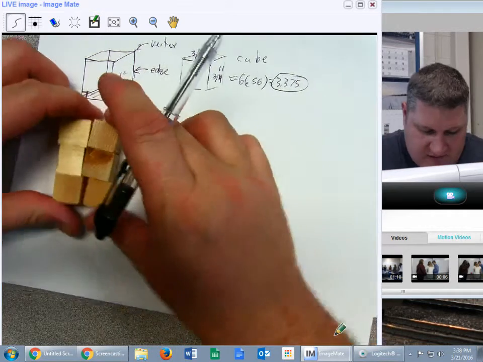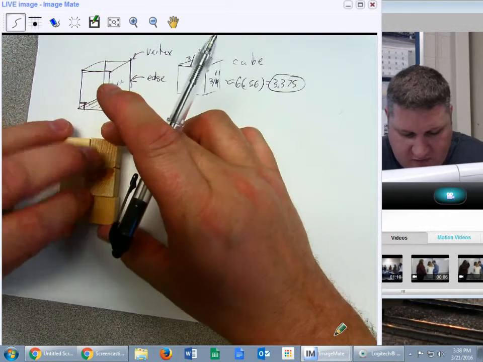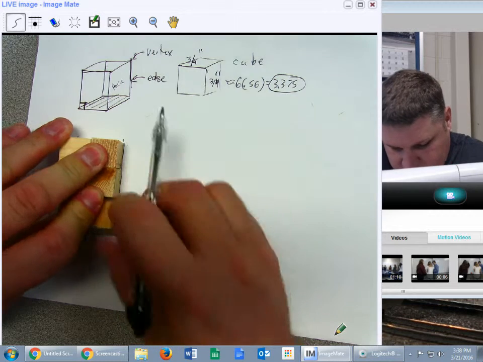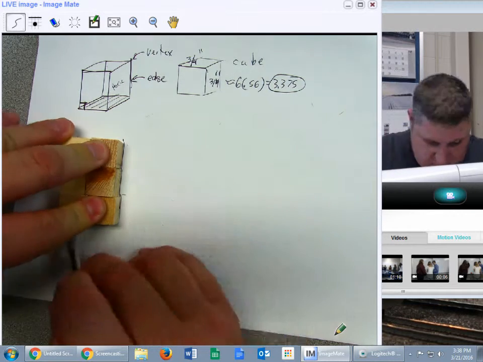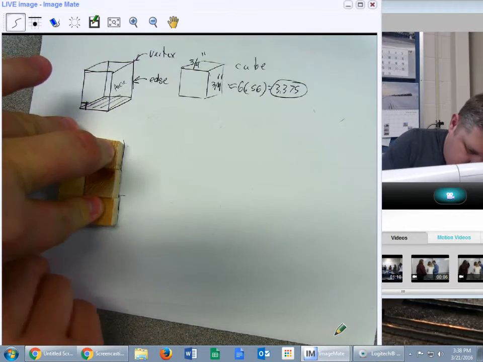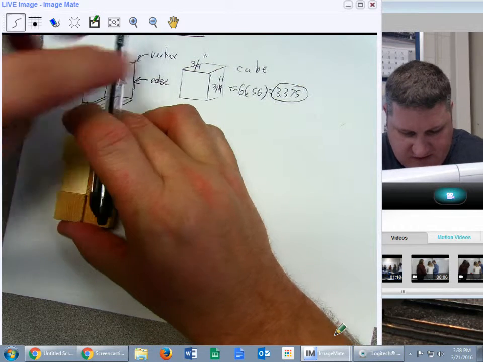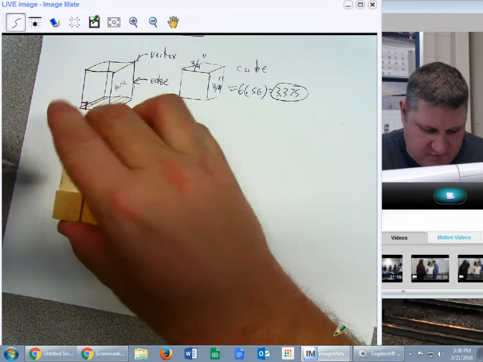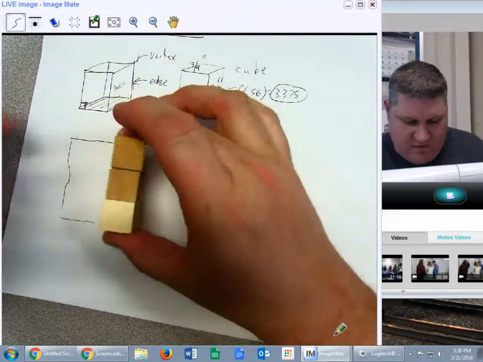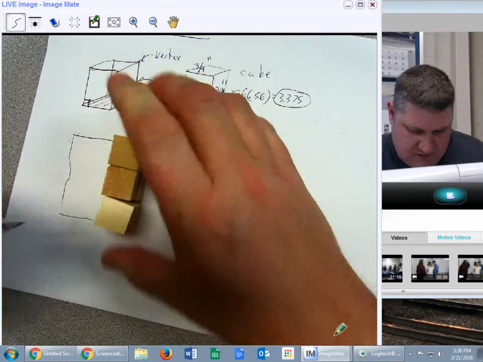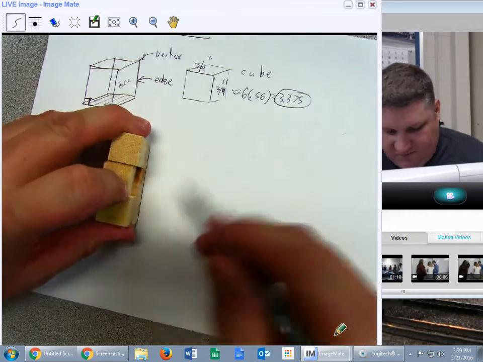So in fact, let's take a look here, and I am going to do a little tracing. In this case, we know we have a face this big. We move it around, we know we have a face that is this big.